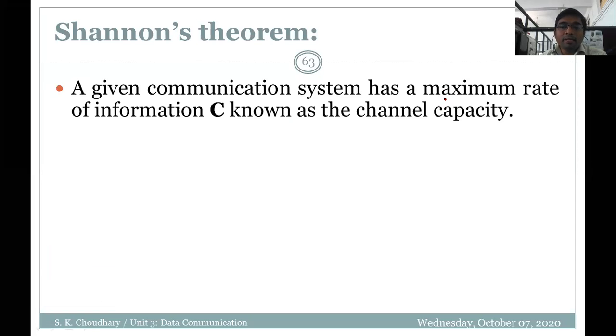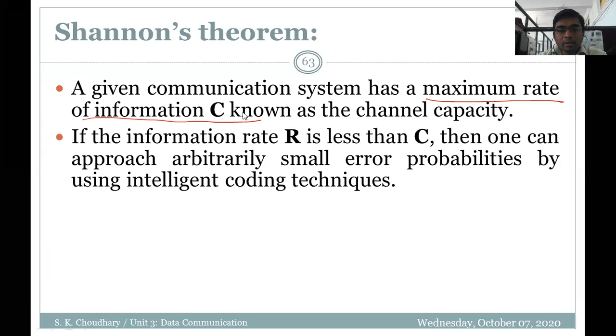So your information rate would be less than or equal to the channel capacity. If the information rate R is less than C, then one can approach arbitrarily small error probabilities by using intelligent coding techniques.